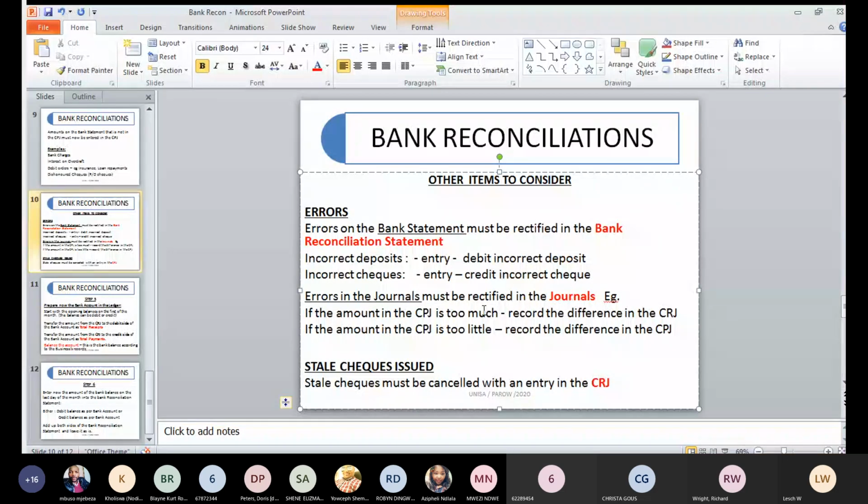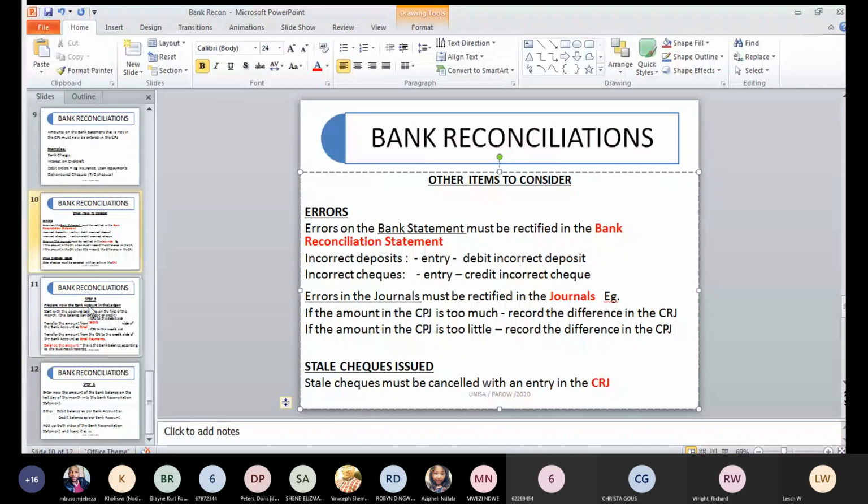He has kept the check and perhaps forgot to deposit it. That check has now become a stale check, an old check, and that check must be cancelled. We cancel that check with an entry in the cash receipts journal. Remember, the original payment was made in the cash payments journal. To cancel that, we will have an entry in your cash receipts journal.